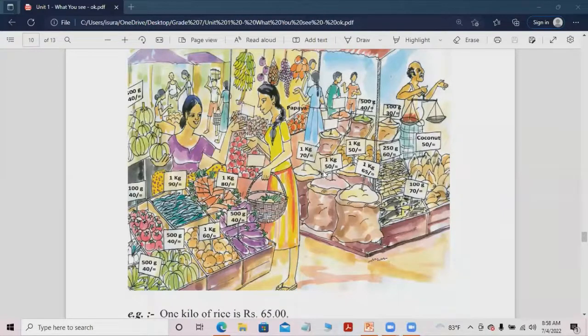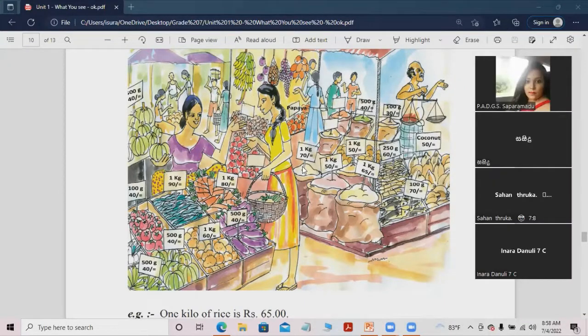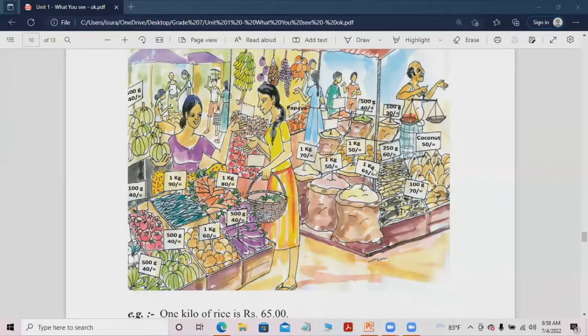This book was printed in 2016, so the prices are like this. 1 kilo of samba rice is 70 rupees. Then 1 kilo of beans is 90 rupees. Likewise, you have to write at least 15 sentences about this fair, right? මේක ගැන වාක්‍ය 15ක්වත් ලස්සනට ලියන්න ඕන.